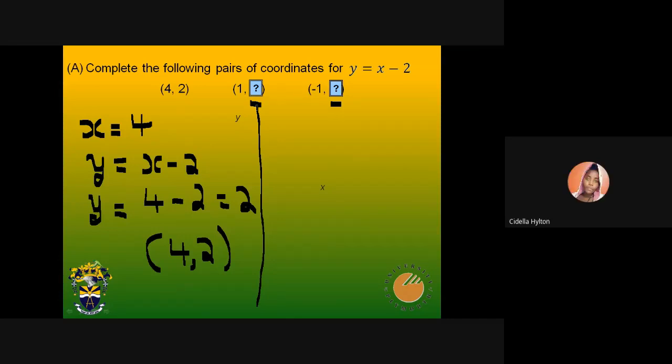Okay, you got negative 1. Anybody else? I got -1 as well. All right, very good.